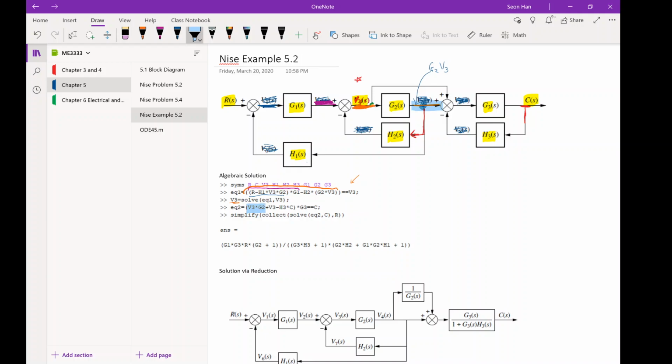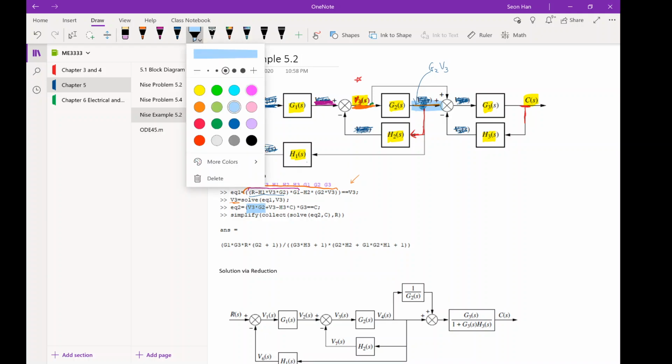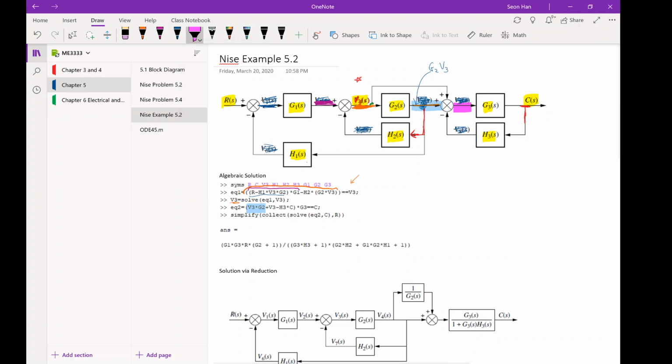Then the next one, the pink, from here to here, I believe. So you have V3 times G2 plus V3 minus H3 times C. That's your pink signal. Now I only have to do one more thing: multiply by G3 and you get C.